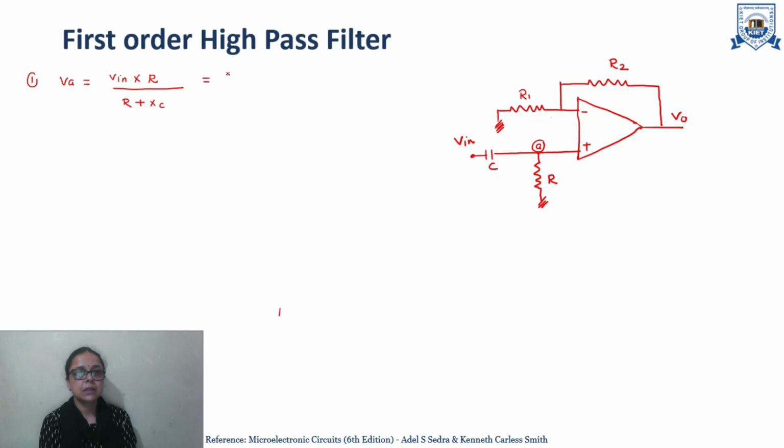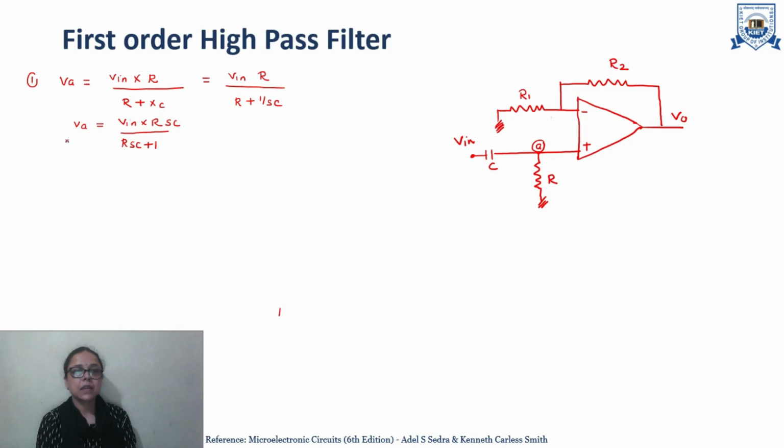It can be written as V in multiplied by R divided by R plus 1 upon SC. So, VA will be V in into R divided by RSC plus 1, and here also we will get RSC.